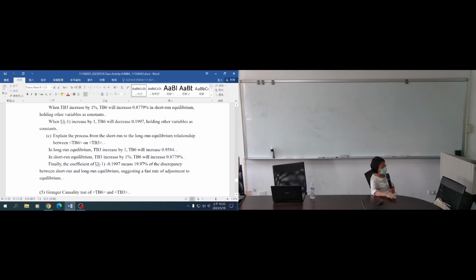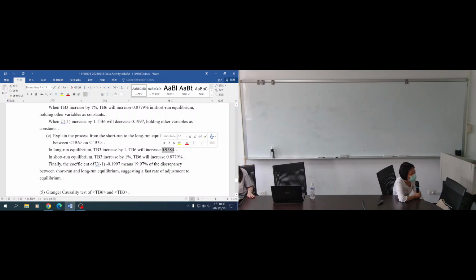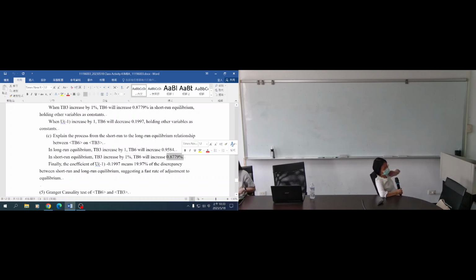And here, part C, explain the process from short run to long run, which is the opposite. In long run equilibrium, when TB3 increases by 1, TB6 will increase by this, the coefficient of the long run. And in the short run it is by percentage.